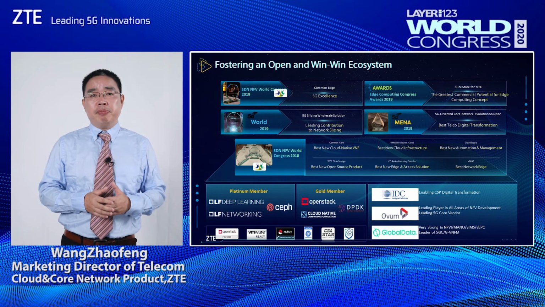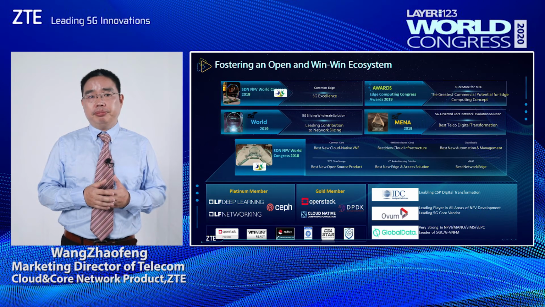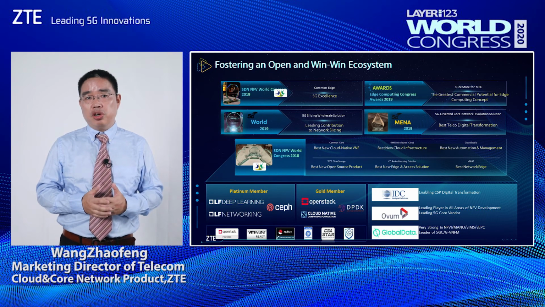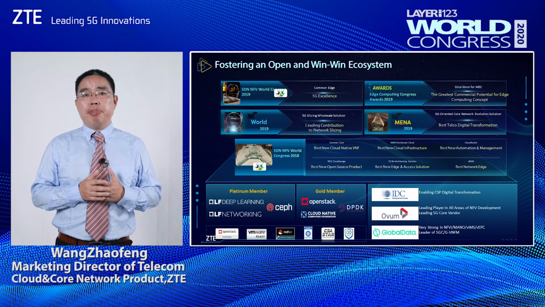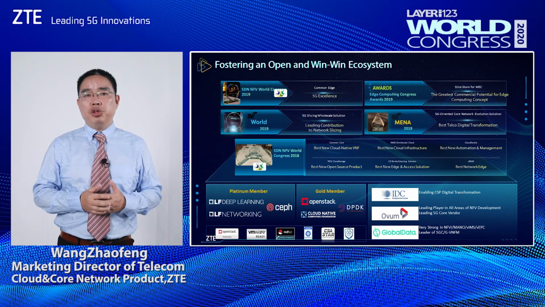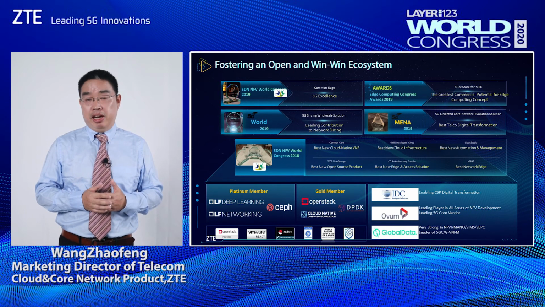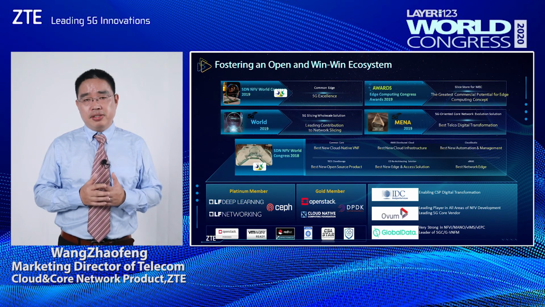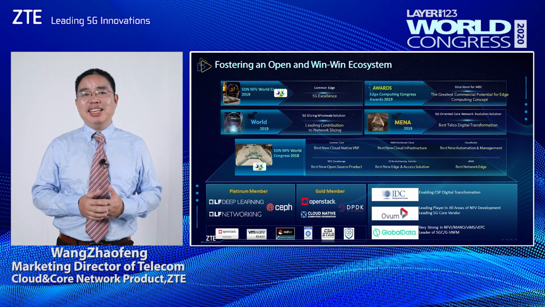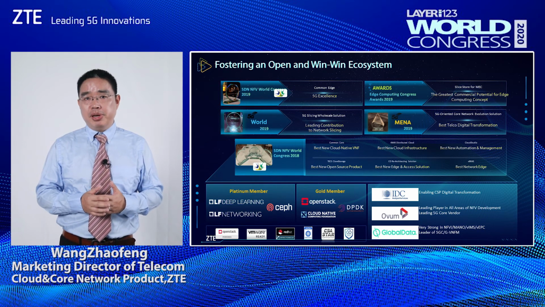We are platinum members, gold members, and silver members, and make outstanding contributions in Ceph, Kubernetes, Docker, and other communities. ZTE is a platinum member of Linux Foundation Networking, LFN, which includes OPNFV, ONAP, OpenDaylight, FD.io, etc. We are a leading contributor to Ceph, Kubernetes, and Docker.